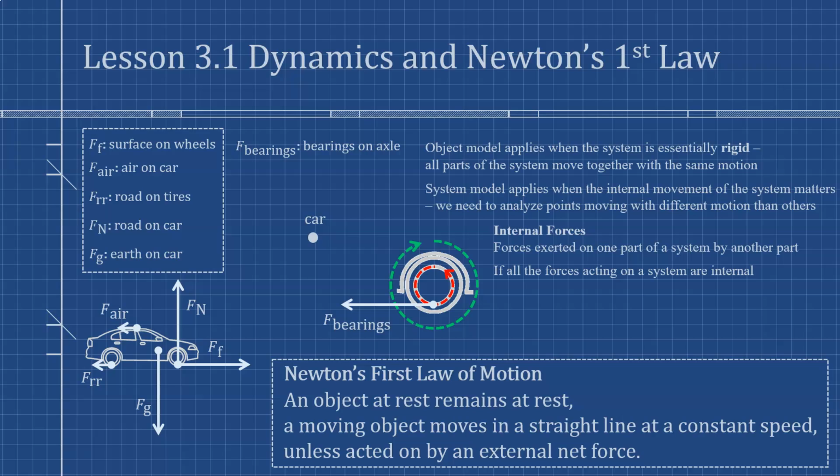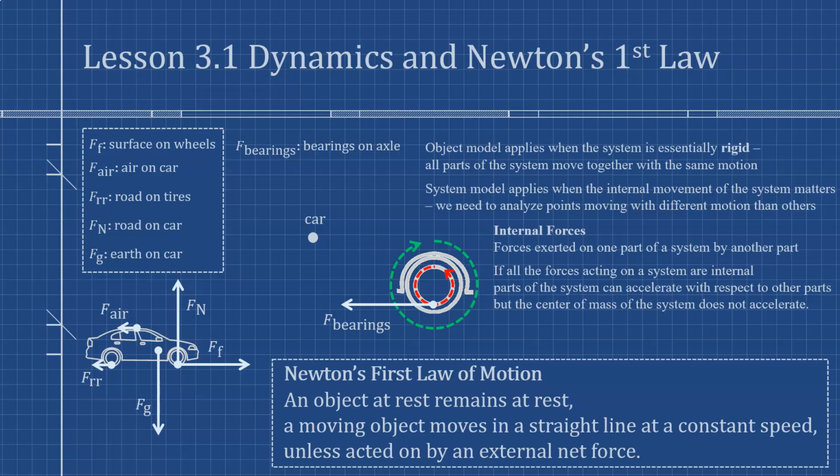And internal forces don't actually contribute to the net force, because if all of the forces are internal, then parts of the system maybe will accelerate with respect to other parts of the system, but the actual system doesn't accelerate based on those internal forces.